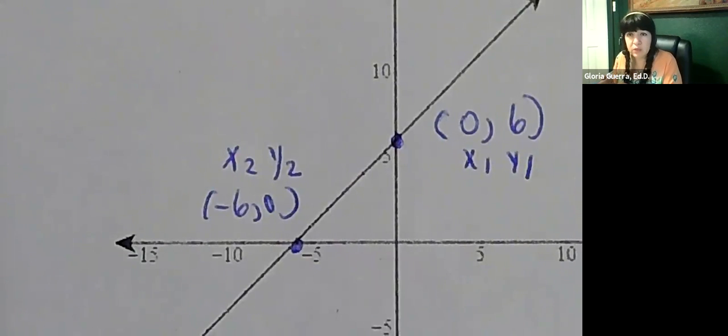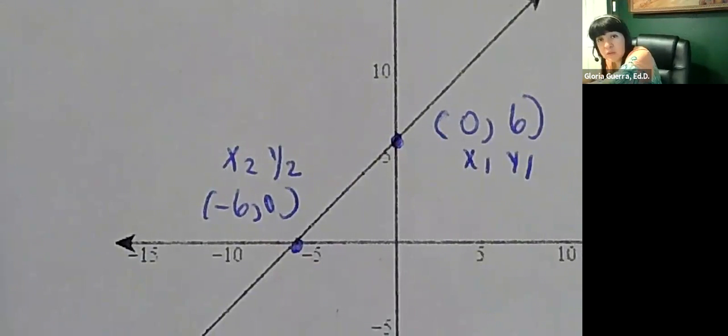But you want to learn to label correctly. You don't want to start off on the wrong foot by identifying 2 points wrong. You have to know how to label points correctly. That's a must.